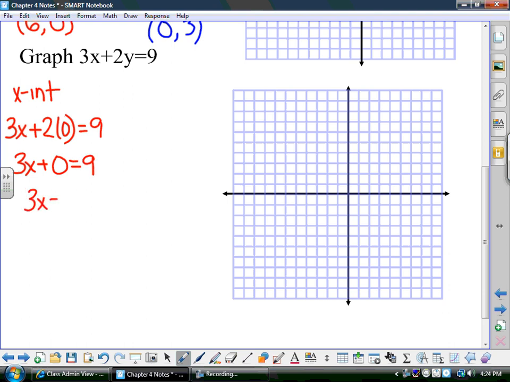So I get 3x equals 9, and x equals 3. My final answer is an ordered pair, 3 for the x, 0 for the y. That point is nice, so I can plot it on my graph at (3, 0).